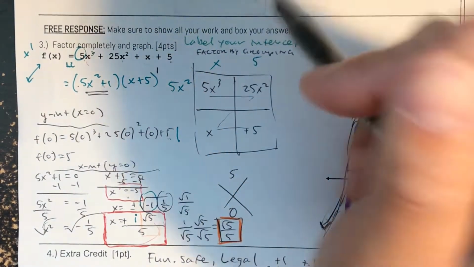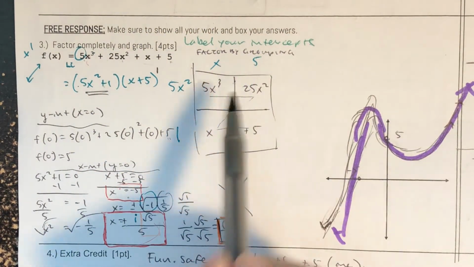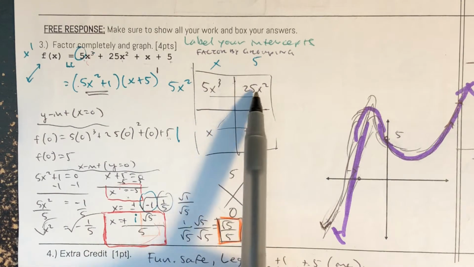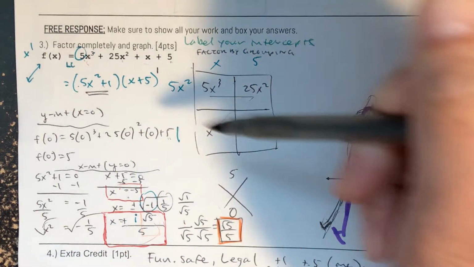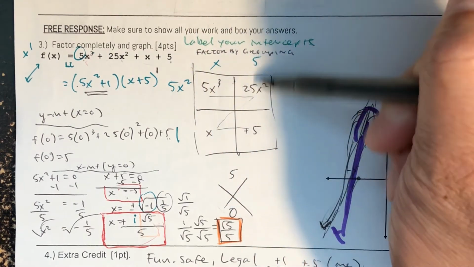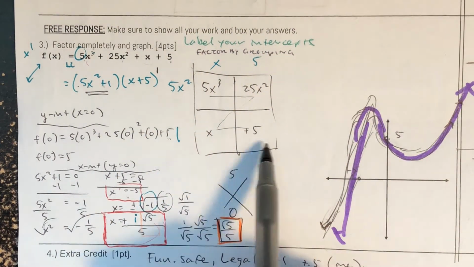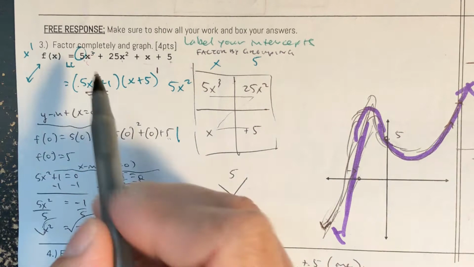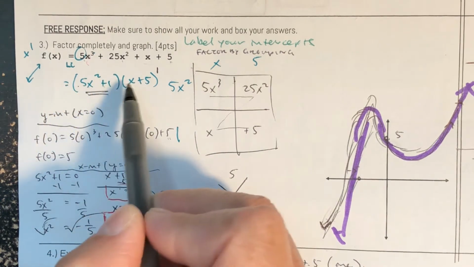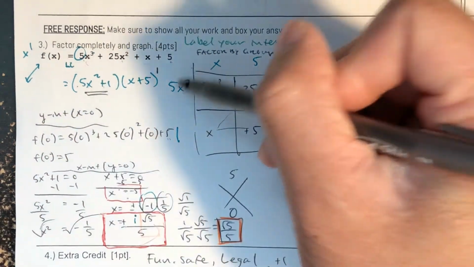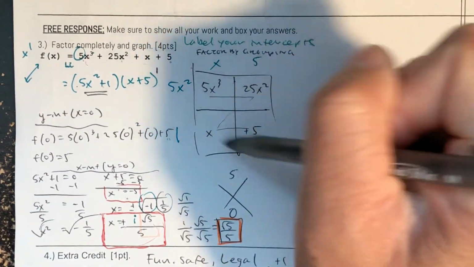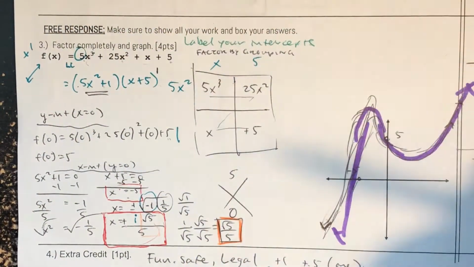And then what I'm going to do here is just take out the common factors, or the greatest common factor. So these 2 terms have 5x squared in common. This one has x, this one has 5, and this one has a 1 in common. So my answer is (5x squared plus 1) times (x plus 5). And again, you can always multiply that out, meaning you put those back on the outside, and you can multiply on the inside to get your original.